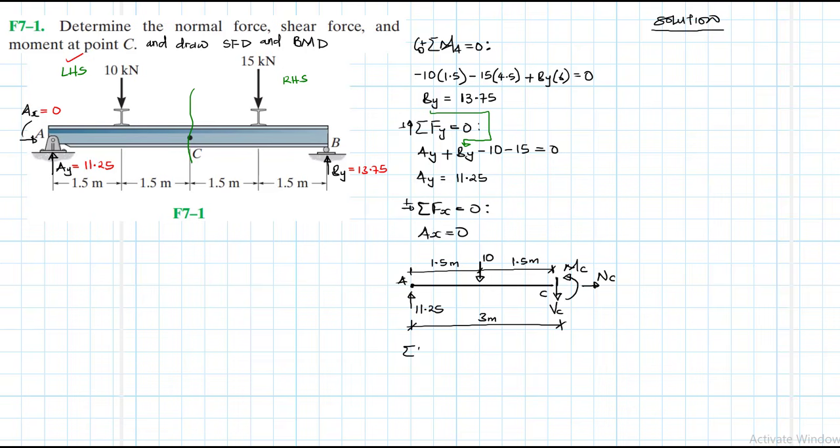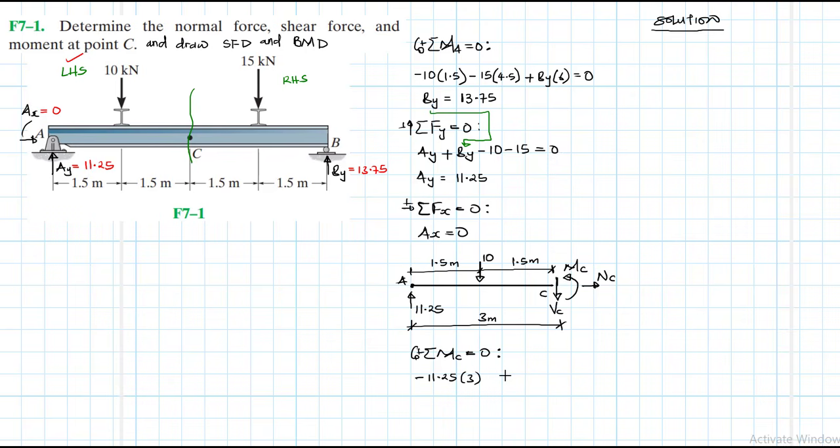So summation of forces, let me start with moments. Summation of moments about point C equal to 0 and clockwise being my reference. What do we have? Right, there we have the support AY is going to give us a negative moment, so it's 11.25 times 3.